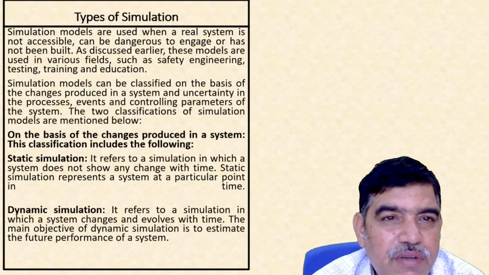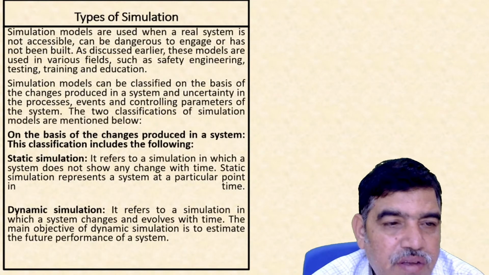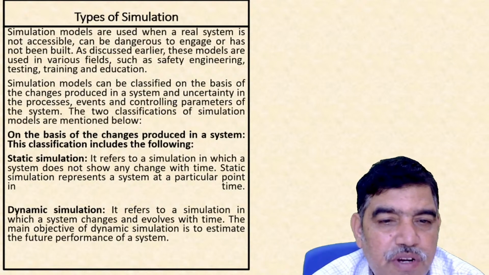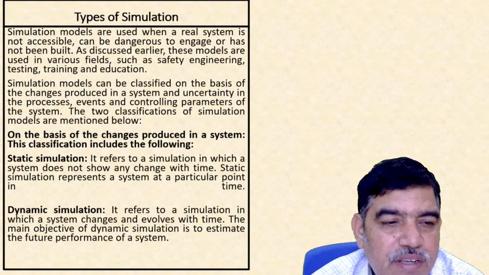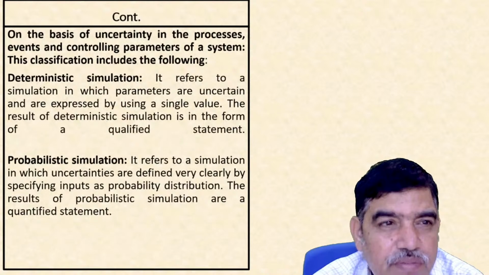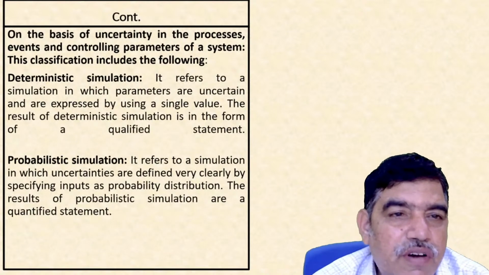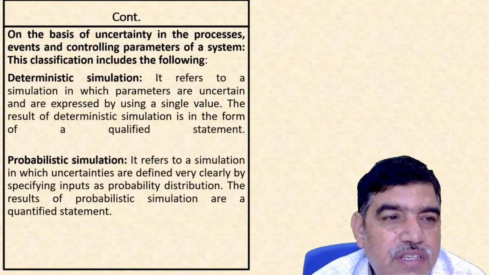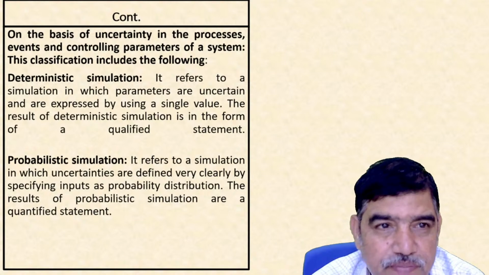Then types of simulations. On the basis of the changes produced in a system, this classification includes the following: static simulation and dynamic simulation. And on the basis of uncertainty in the processes, events, and controlling parameters of a system, simulation is classified as deterministic and probabilistic simulation.